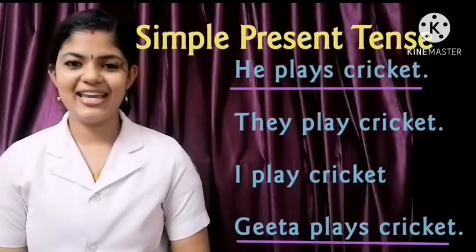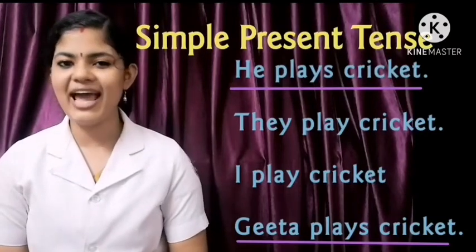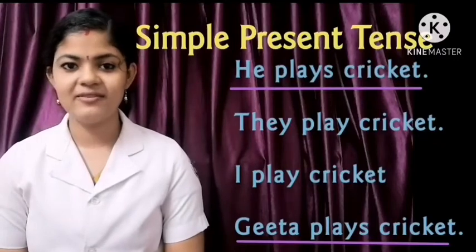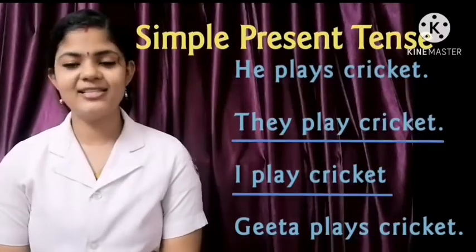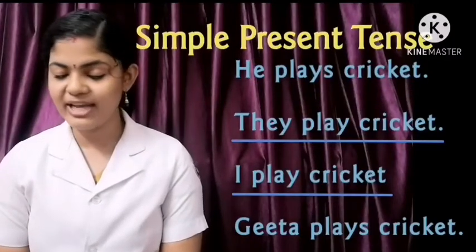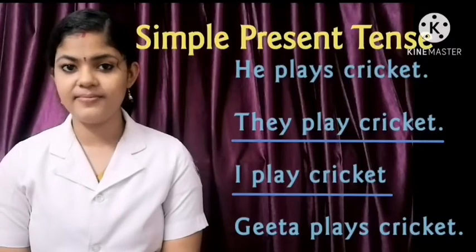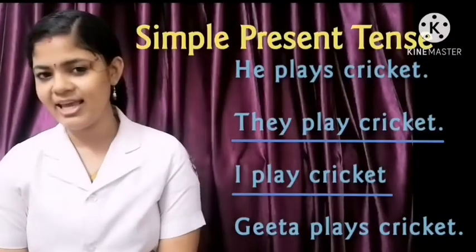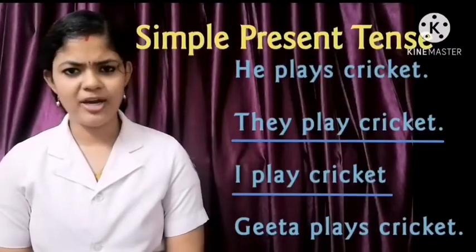Here, he and Geeta are singular subjects, so we add s to the base form of the verb, which means play becomes plays, and they is a plural word, so we do not add s to the verb. And there is an exception, that is I. We will not add s, es or ies with I also. Okay? I hope you understand.